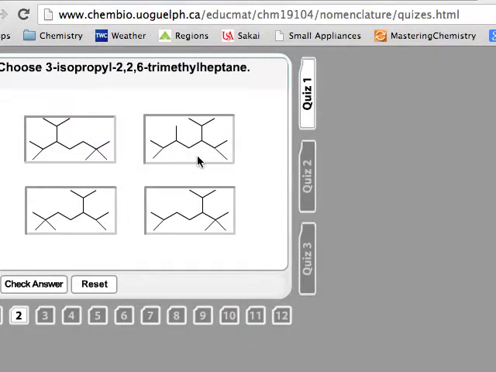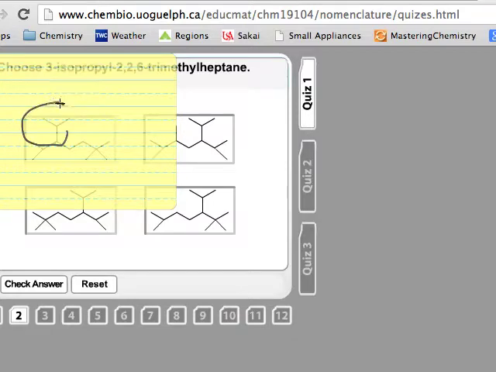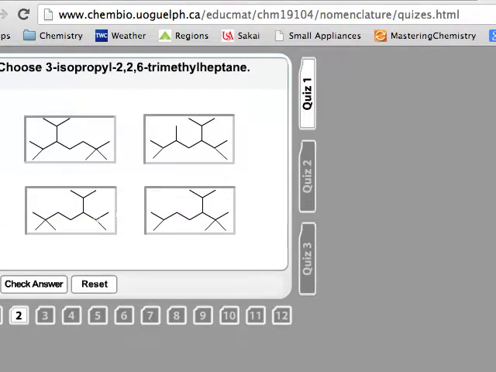So I cannot rule any of these out. They're all heptane of some type, but I've got substituents. So I see that it says 2,2,6-trimethyl. So I need to find 3 methyl groups and an isopropyl group. Well, this group right here is the isopropyl, and I see it on all of them. So they all have the isopropyl.